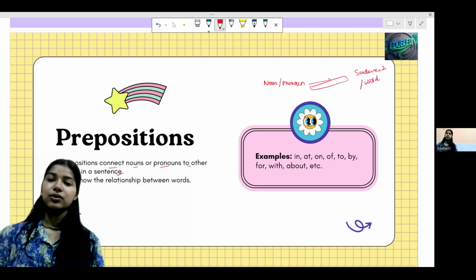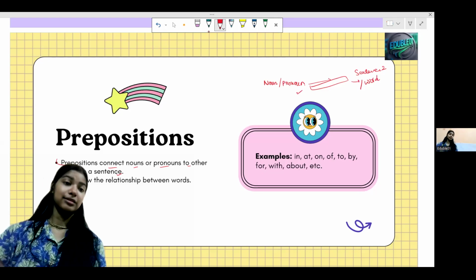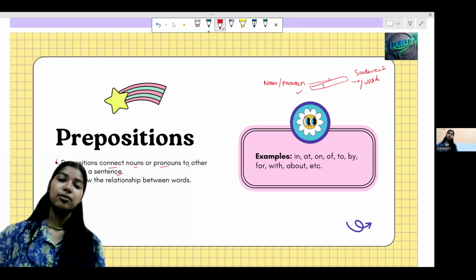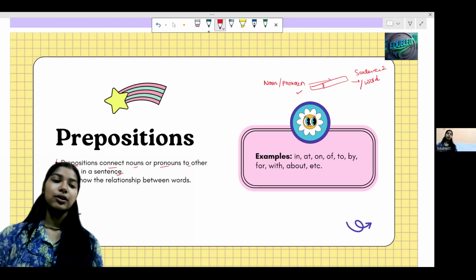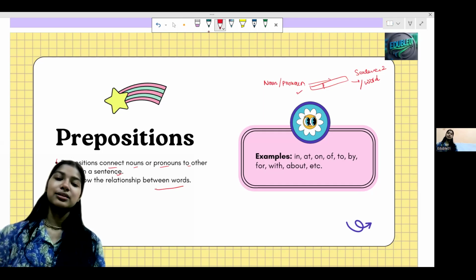So the noun or pronoun is getting connected with the other word in the sentence using prepositions. They show the relationship between the words. Some examples are in, at, on, of, through, by, for, with, about, etc.